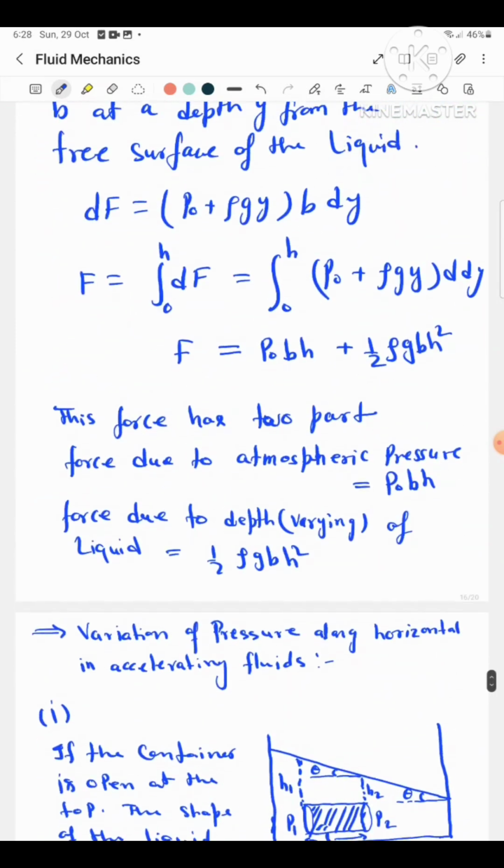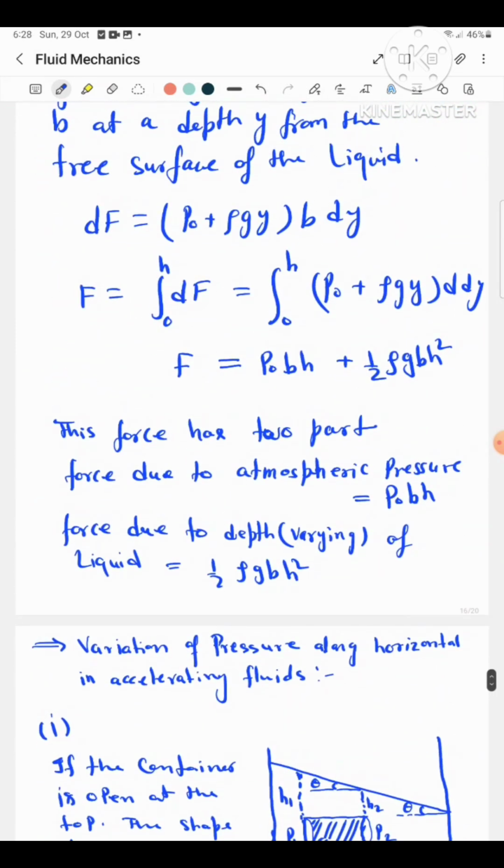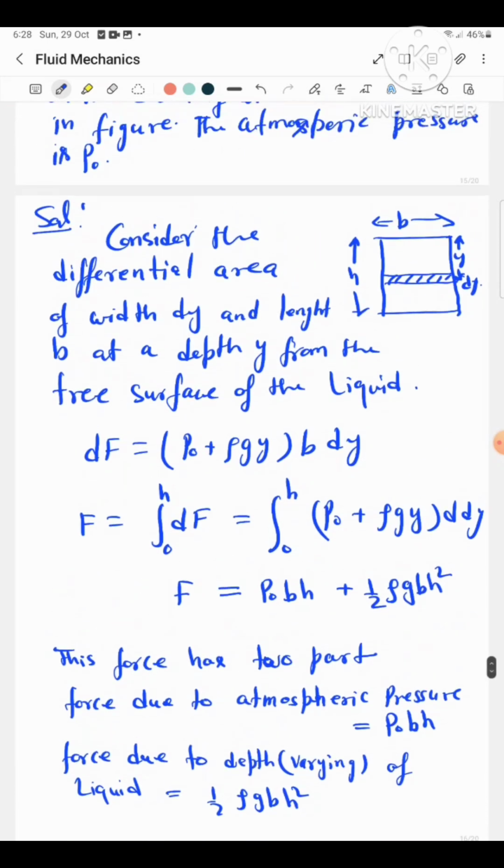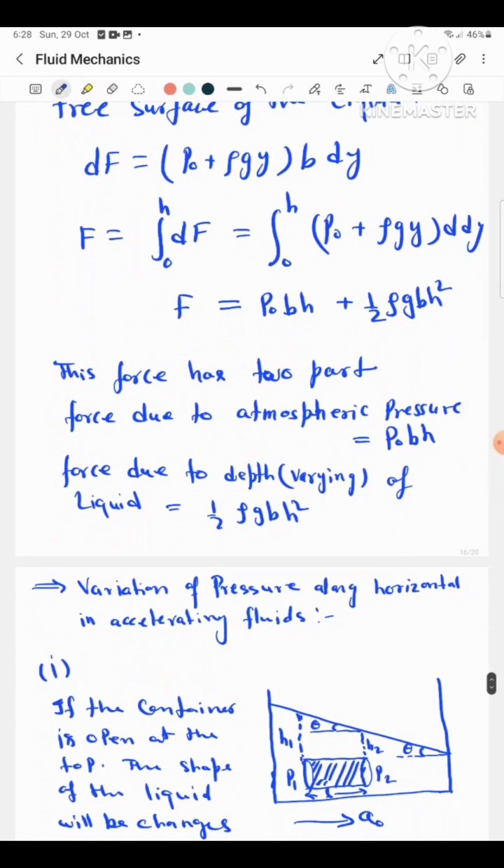Here see P naught B h, and due to the liquid height the force is half rho g h square B, that I have calculated. We added both forces, and we found the force that we calculated from this integration also. This force has two parts as I have already discussed: force due to atmospheric pressure and force due to depth, which is varying with the liquid.